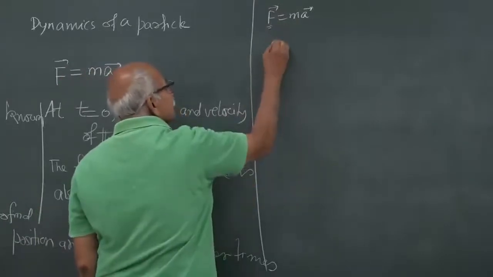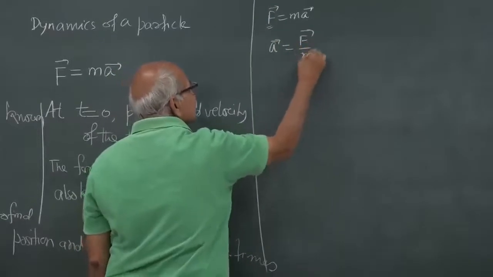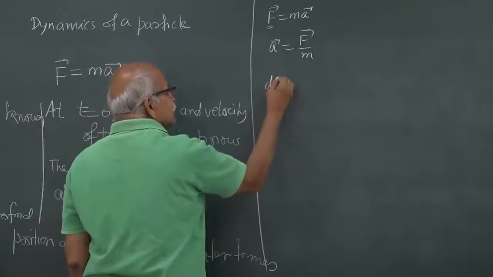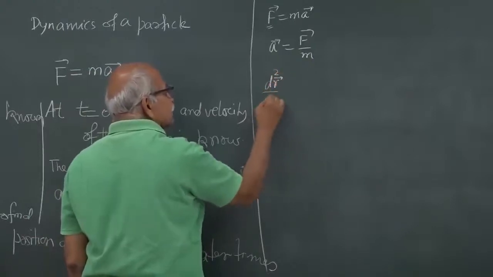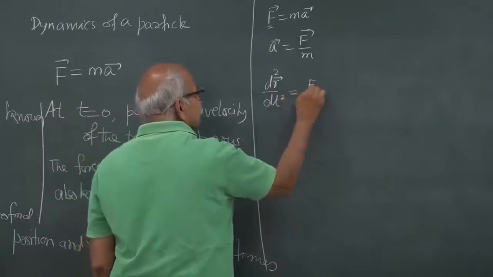So, you have acceleration is F by m, the mass of the particle is supposedly known. You write this as the second derivative of the position vector, d2r/dt square, equal to F by m.